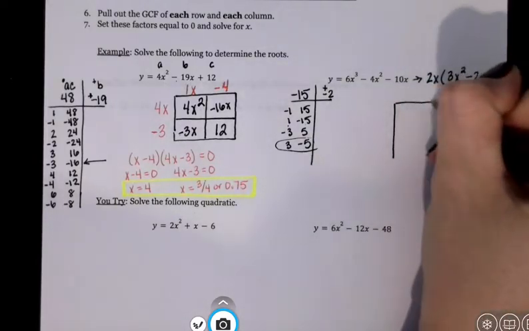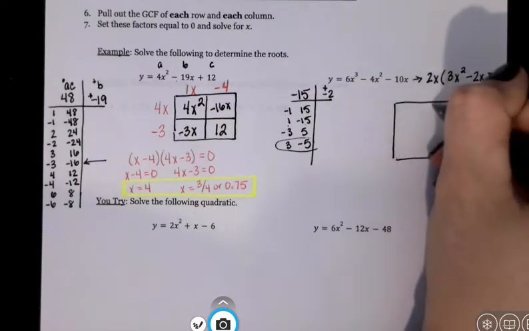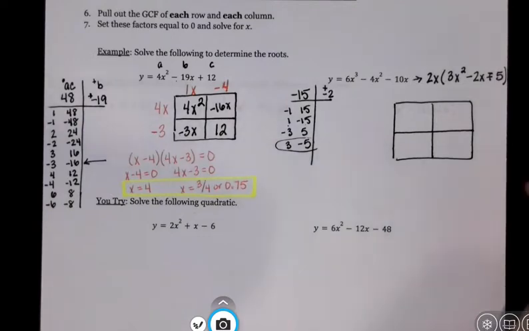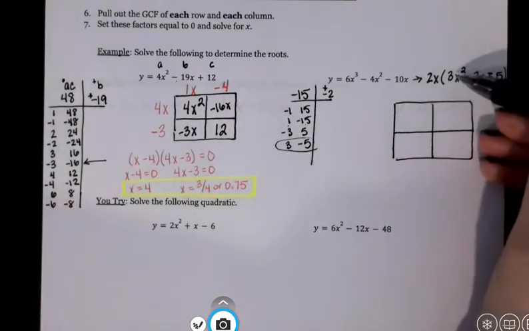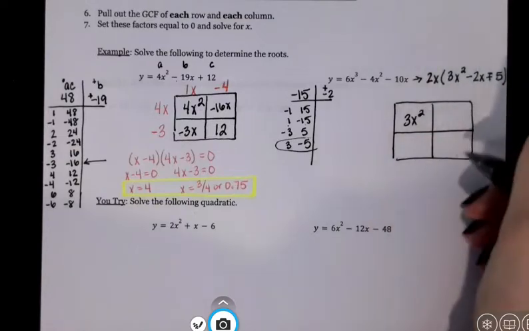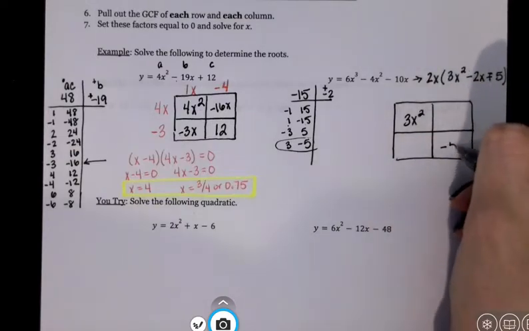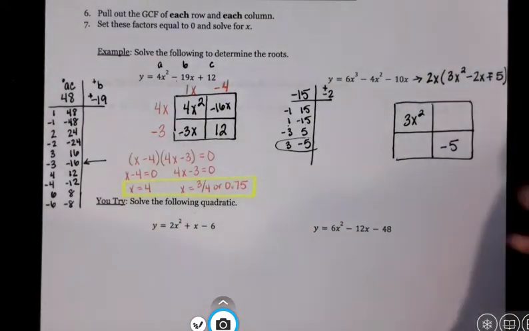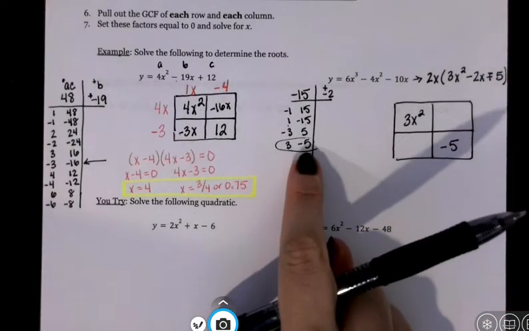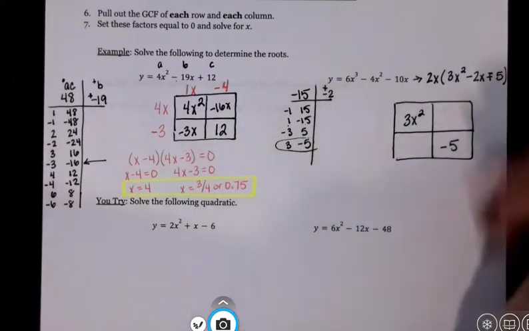So I'm going to make my 2 by 2 box. In the top left is going to be my 3x squared. And my bottom right is my negative 5. My negative 2x is split between a positive 3x and a negative 5x from our factors.